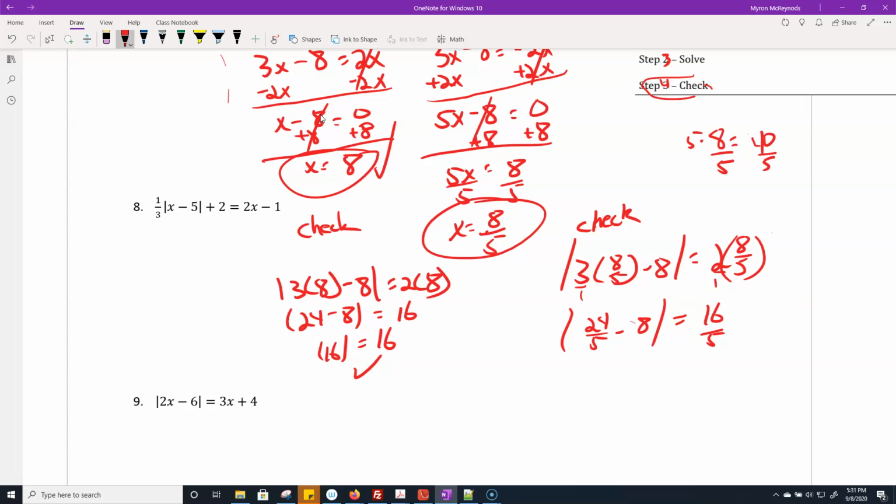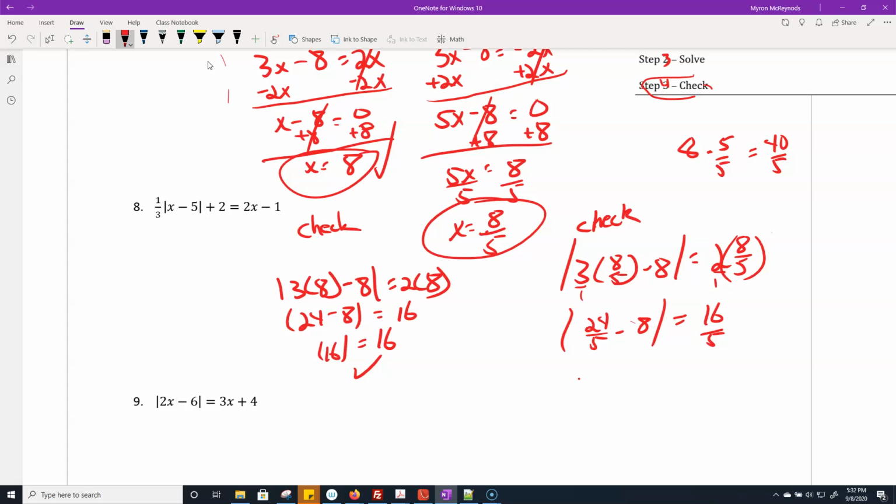Or you can think of it like this: take your 8, and what dummy 1 do I need to get to a 5? I think of it as 5 over 5, and 8 times 5 is 40 over 5, and you can do it like that as well. Just think about what number you need on the bottom, and you've got to do the top and the bottom. Think of it as a dummy 1. You're multiplying by 1. It's the same number, but it's written as a fraction now.